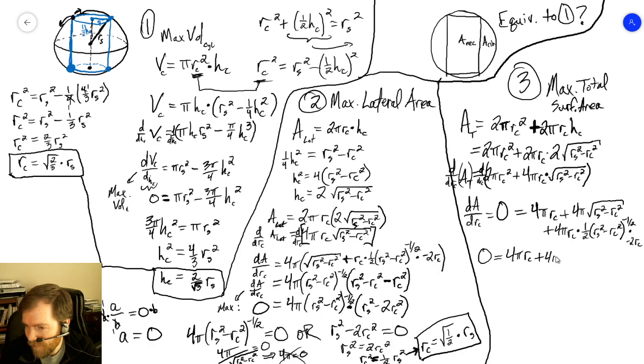Plus 4 pi square root rs squared minus rc squared minus 4 pi rc squared, because we got 2 rc's here.